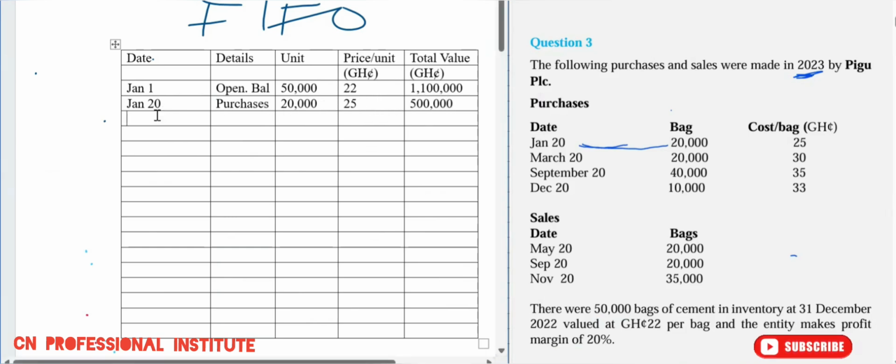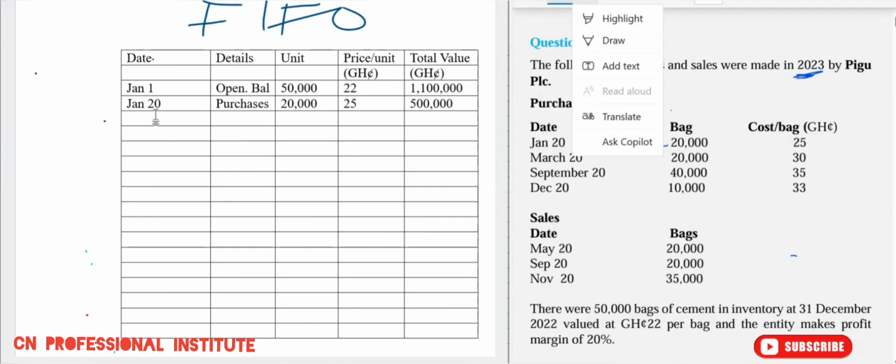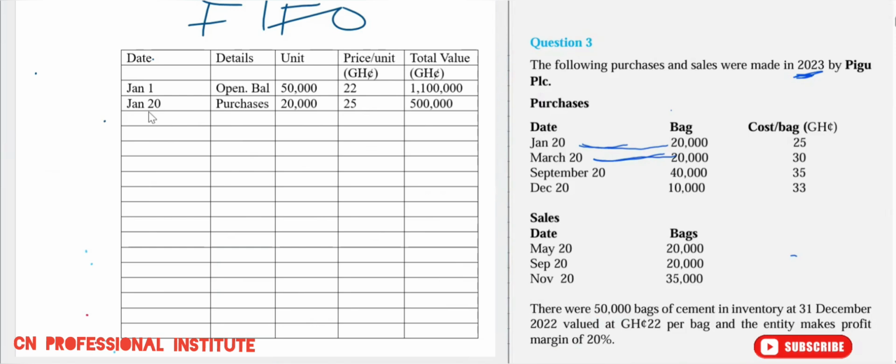Then we go to March 20. If you come here, March 20, we had another purchase.